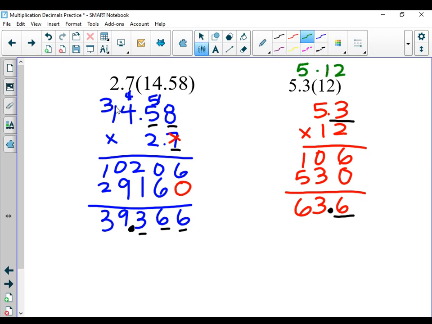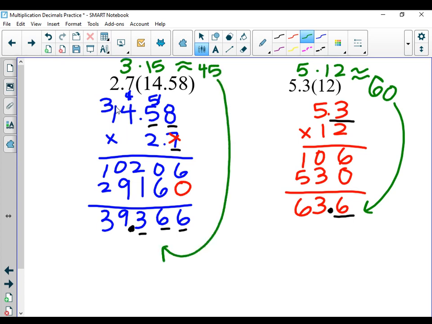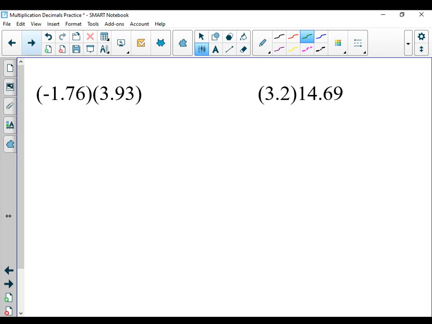Five times 12. I'd say 60 and 63 are pretty close. 3 times 15. Again, this one is a little far away, so I would maybe ask a friend to check with me. But chances are I'm on the right track because it's not just 3.9 or 393. Those would mean I have my decimal in the wrong spot. Next two, pause and come back.